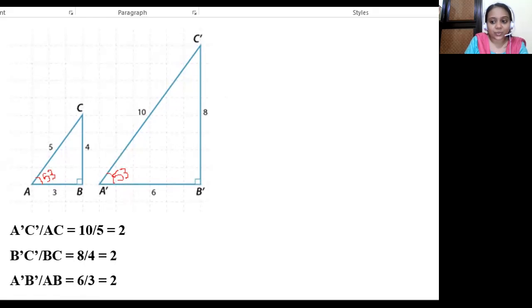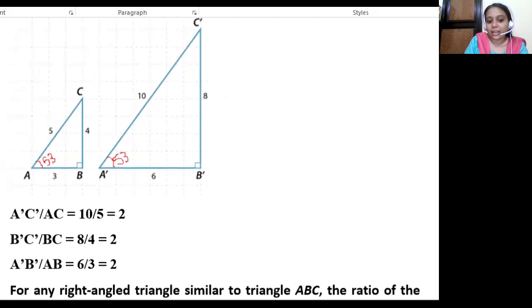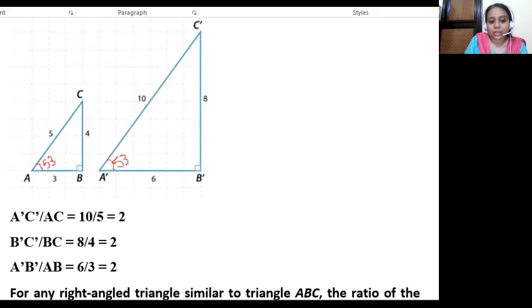Again, the same ratio. So we just observe that even though the size is different, the shape is the same because the angles are the same. They look the same, they're similar, and even though the sides are different, they're proportionally the same. That means the ratio is seen to be a constant.